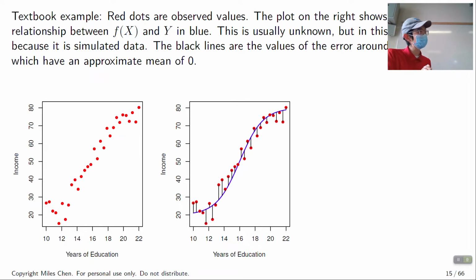And it's not just years of education. Obviously, it's also how long have you been working on the job? And does your boss like you? And did you get in trouble for doing something stupid, and so you didn't get promoted, and things like that, right? So there's a whole bunch of things that factor into how much income you make, including where you live. And so the true relationship is complicated.